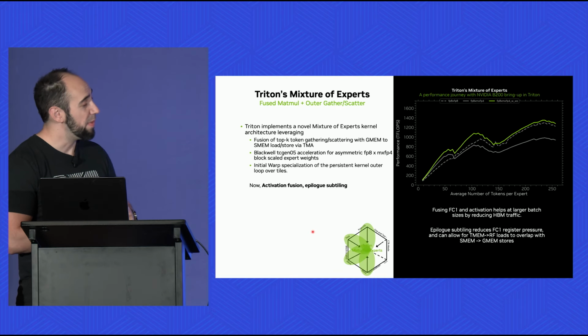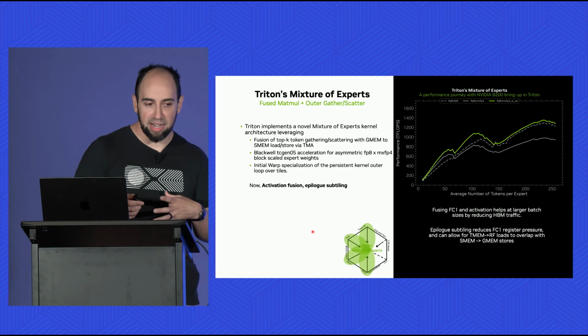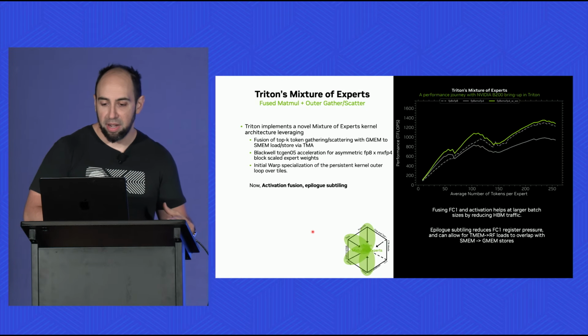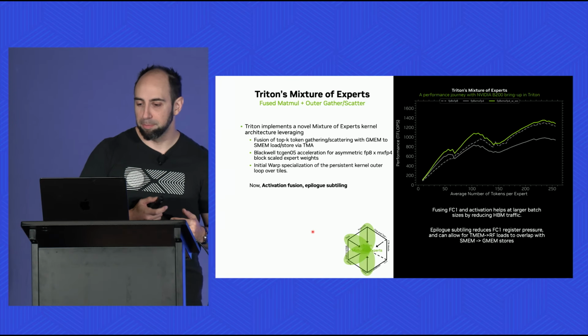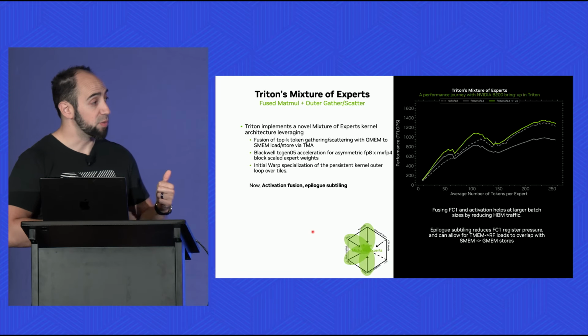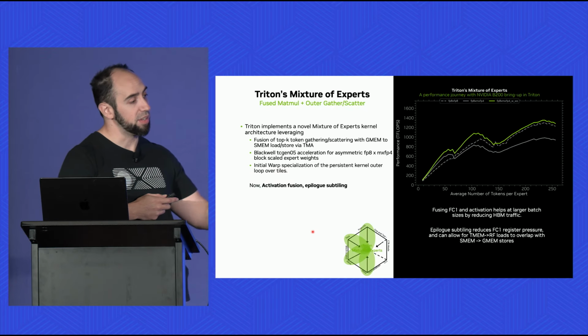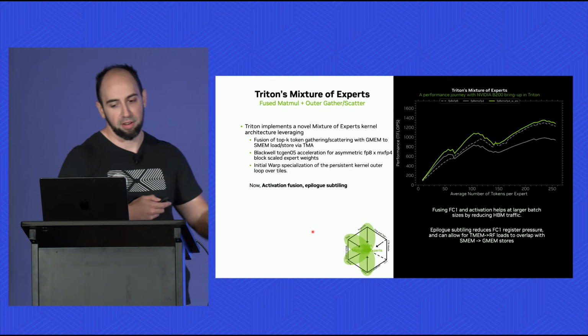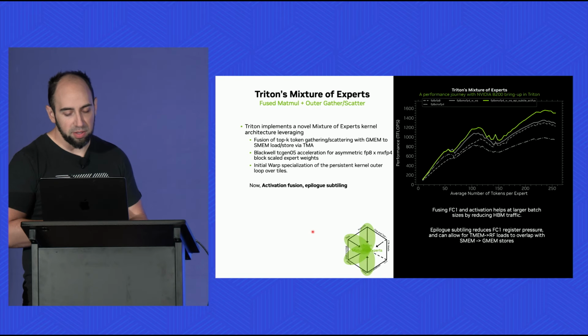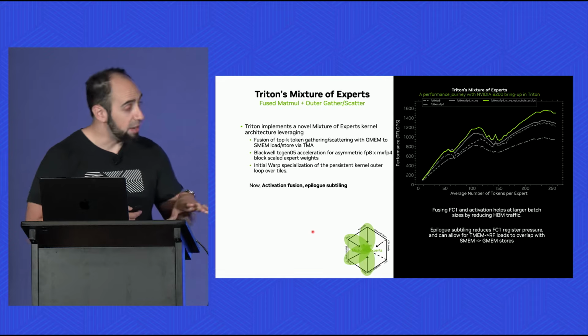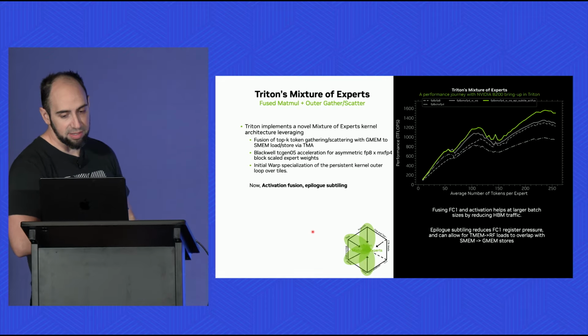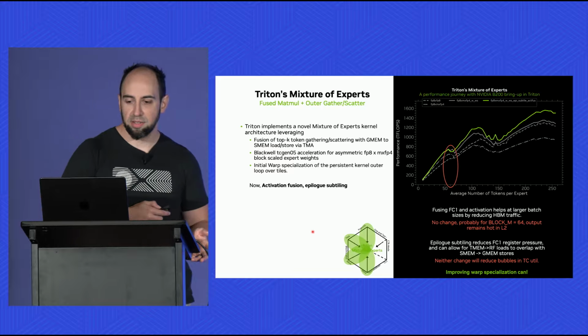Epilogue subtiling also is not going to help the main loop performance, but it is going to help overlap the stores back to global memory with perhaps the loads of the accumulator from TMEM back into the RF. When we do both of those things, we see a nice bump in performance for the higher batch sizes, which is good, but we're still not so happy about this region.